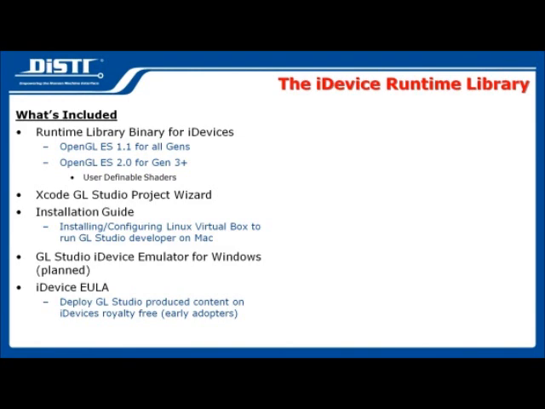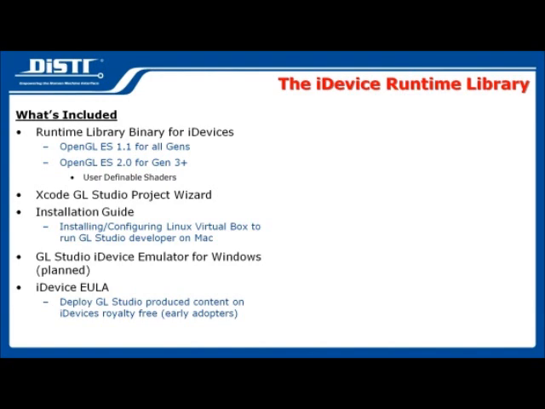So with what we're introducing here today, we have the iDevice runtime library. Along with the runtime library that will be available, we're also going to make available a variety of other enabling content. What we're including with the runtime is obviously the runtime library binaries that are built for the iDevices. We'll be shipping versions that support both OpenGL ES 1.1, which gets you to all the flavors of the iPods and the iPads, regardless of what generation they are.